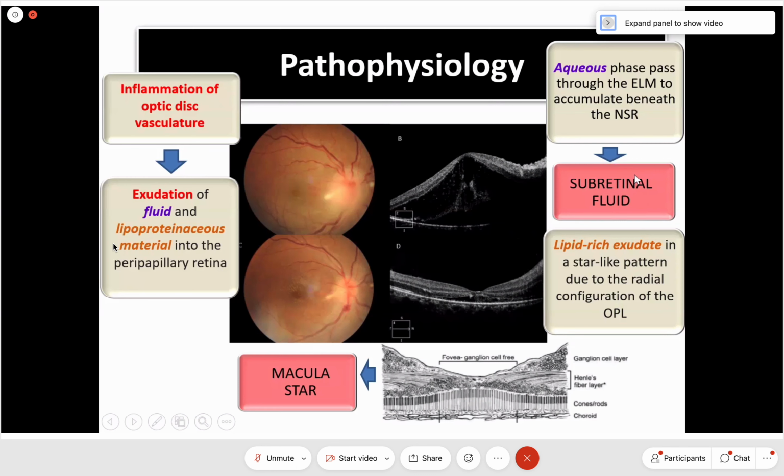When this happens, the lipid-rich exudates remain in the outer plexiform layer, and due to the configuration of this outer plexiform layer or Henle layer, it can be seen as macular star. So this is totally different from the optic neuritis that Prof. Wan mentioned earlier, which the optic neuritis basically is the inflammation of the myelin sheath. Okay, this is inflammation of optic nerve vasculature.